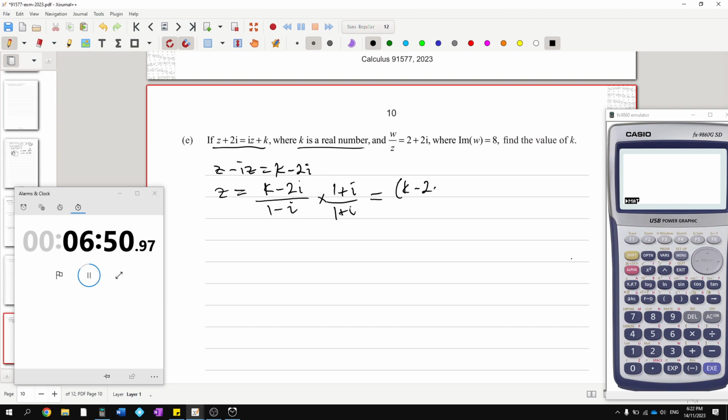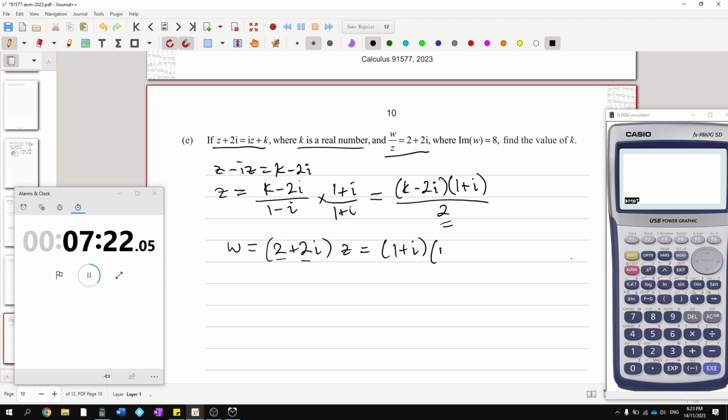It's going to be (k minus 2i)(1 plus i) over 2. And so how do we do this? I reckon we bring z up the top, because if w over z is 2 plus 2i, and w is 2 plus 2i, times z, which is 1 plus i, we factor out the 2, cancel it with the 2 on the bottom, right?